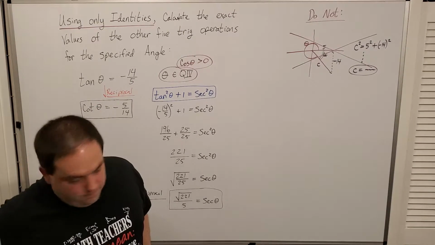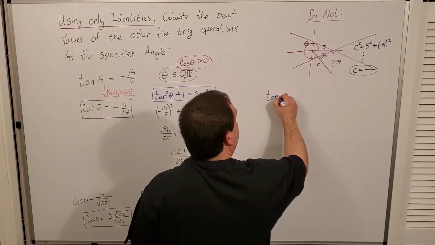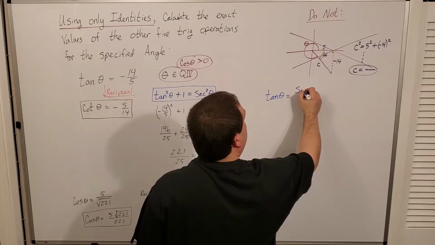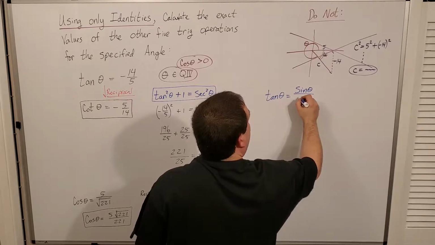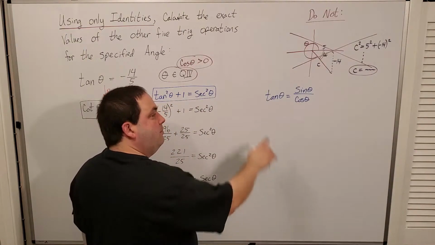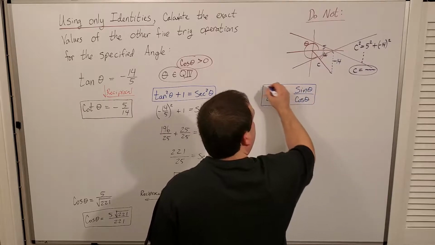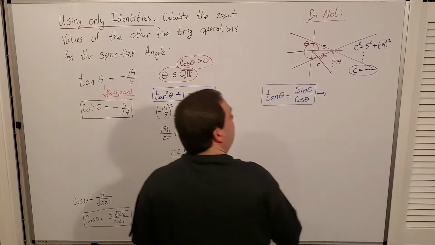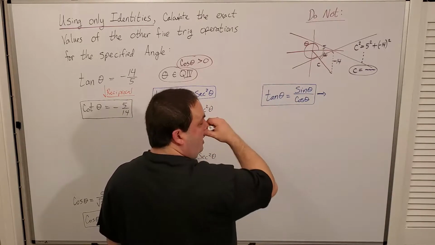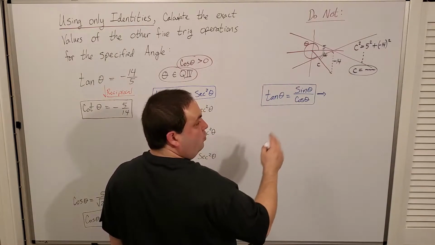So this is what I mean. Remember that tangent theta is equal to sine theta divided by cosine theta. And I can manipulate this identity, right? This is our quotient identity here. Since it's already a proven identity, I can put it into different formats using multiplication, division, whatever.